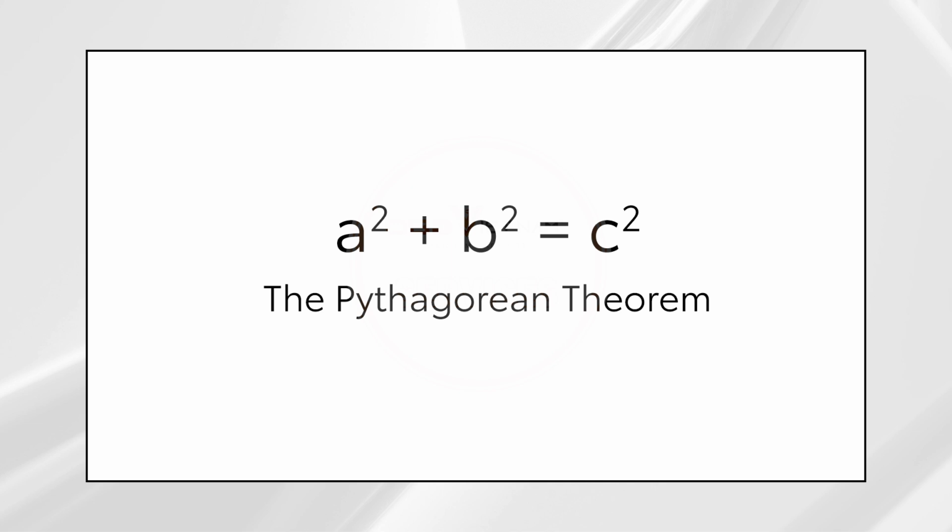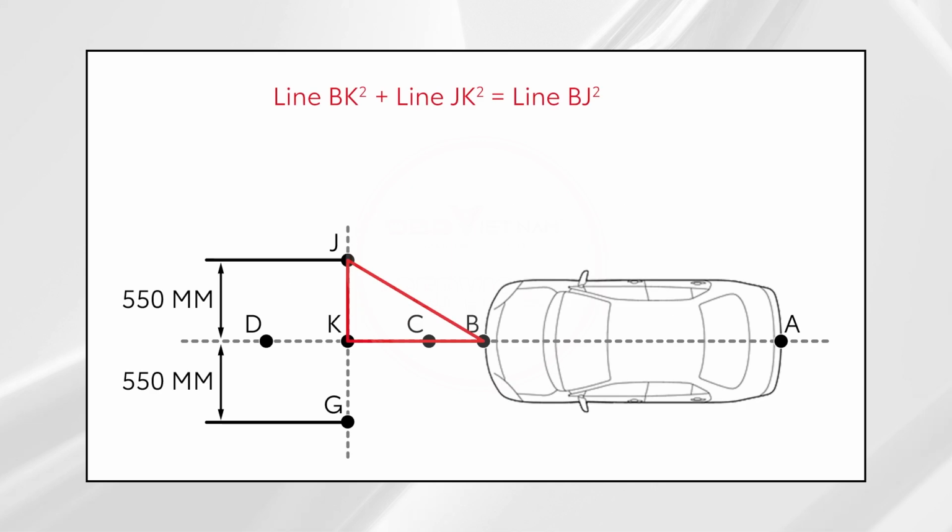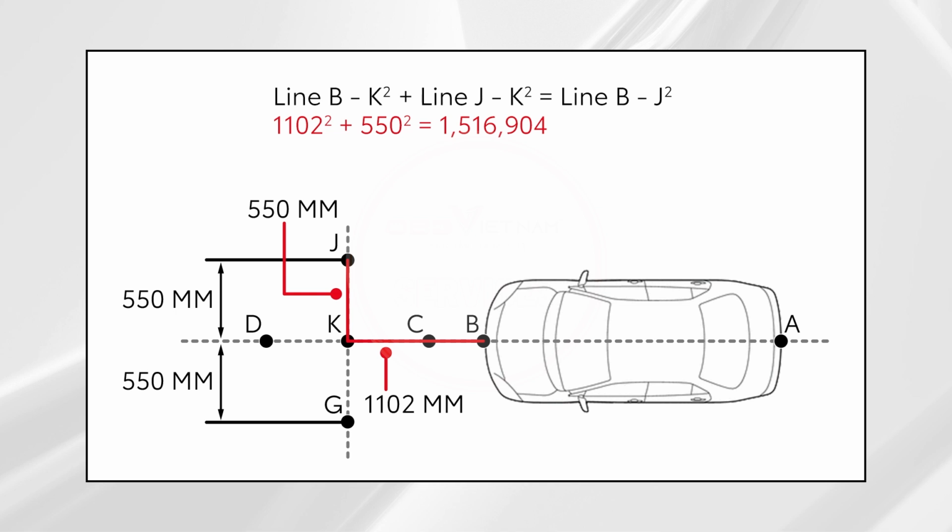A squared plus b squared equals c squared. In this case, line BK squared plus JK squared equals BJ squared. 1,102 squared plus 550 squared equals 1,516,904.